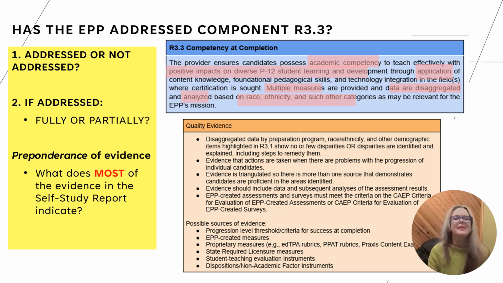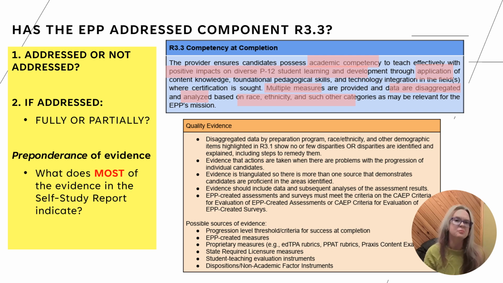And we're back. Okay, so now we're going to talk through this together. In your opinion, did you determine whether the EPP addressed or did not address the standard? If you think they addressed it, was it fully or partially addressed? Remembering to focus on the preponderance of evidence. Does most of the evidence indicate that the EPP has addressed this component?